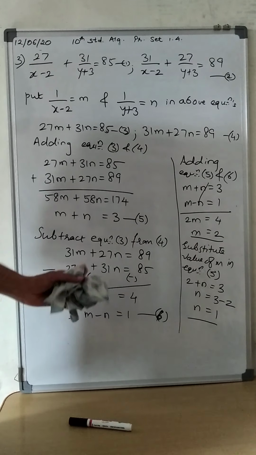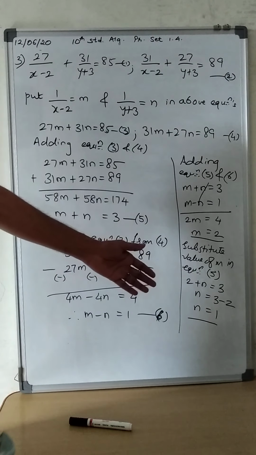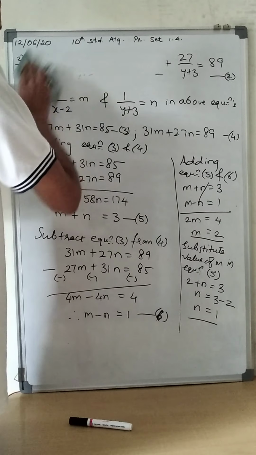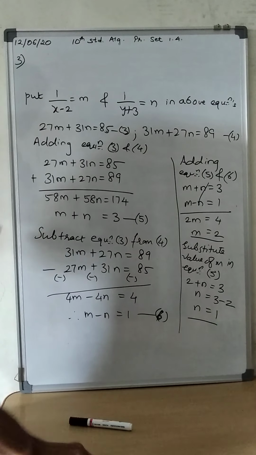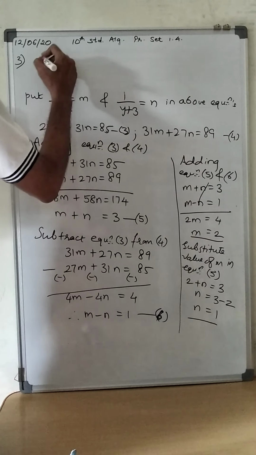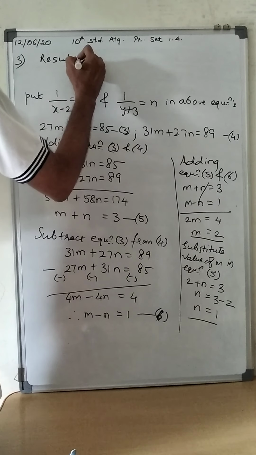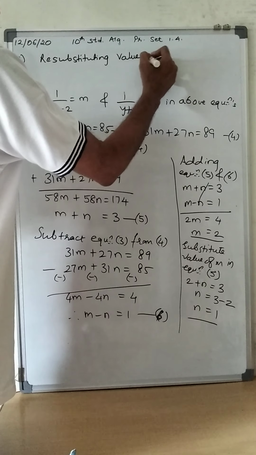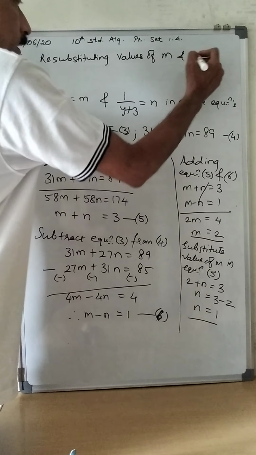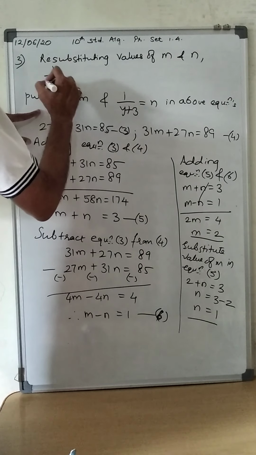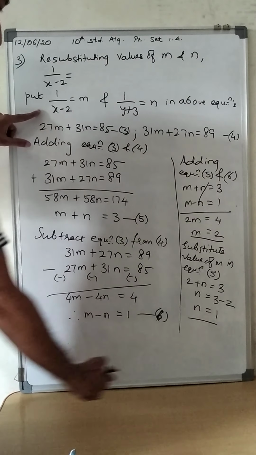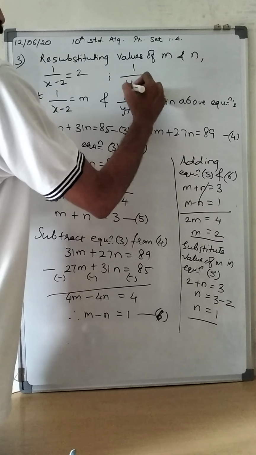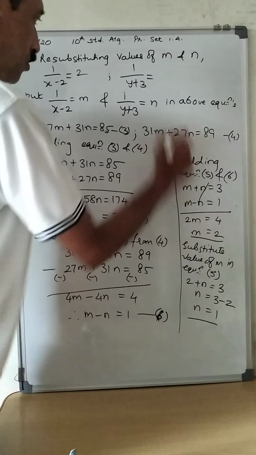Now what do we do? We resubstitute the values of m and n. Resubstituting values of m and n, we get 1 upon x minus 2 is equal to 2 and 1 upon y plus 3 is equal to 1.